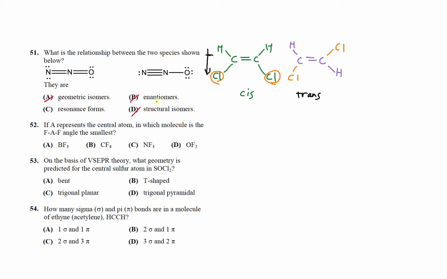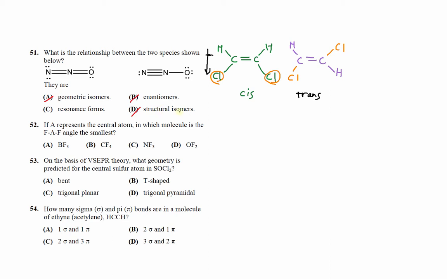For example, when you have a right-hand glove and a left-hand glove, you cannot really fit the left-hand glove on your right hand, unless you flip it inside out, but other than that you can't. So those are the enantiomers. It's like a mirror image that cannot be superimposed on each other.